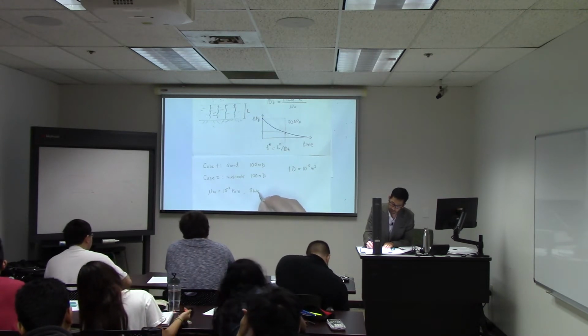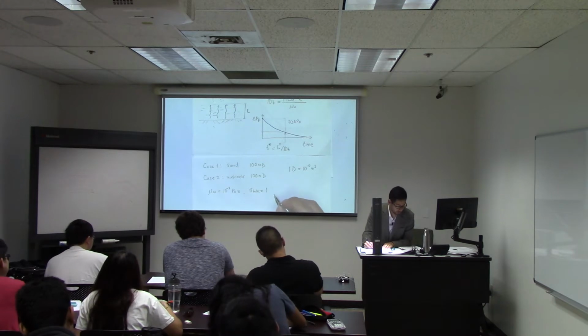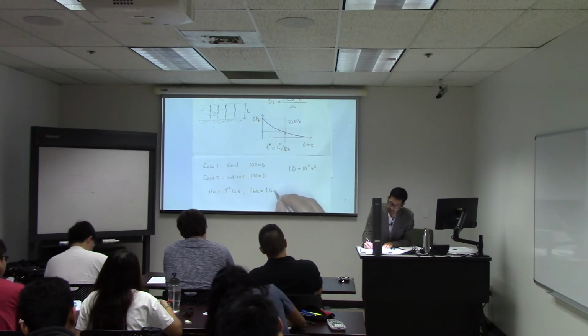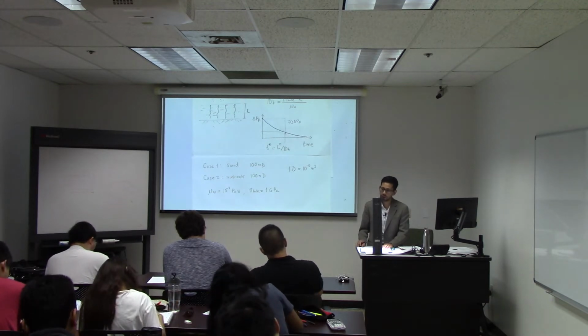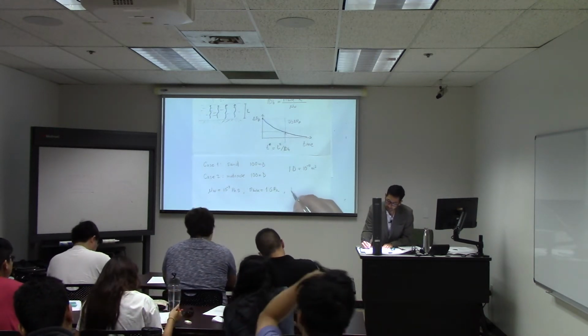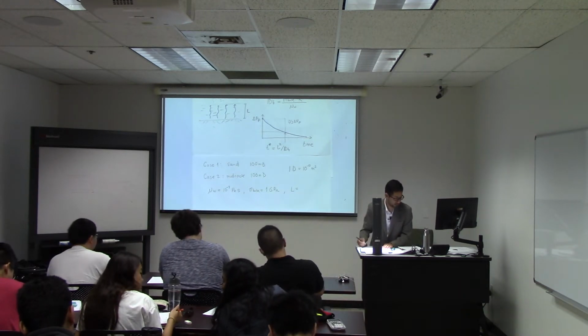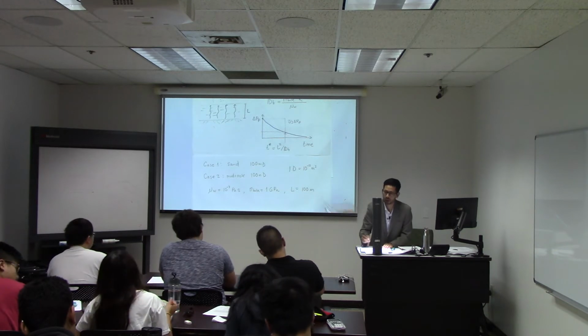And M bulk, you're going to get familiar with these numbers later on, but just believe me, for a relatively soft rock, that's going to be 1 gigapascal. And the length of the layer that is subjected to overpressure is 100 meters.